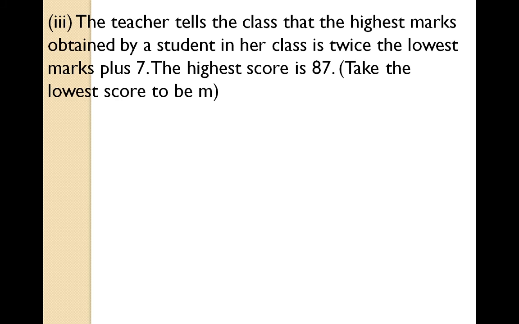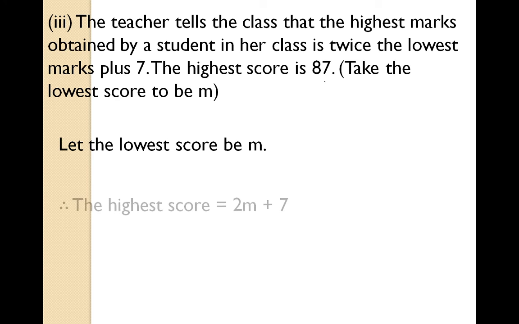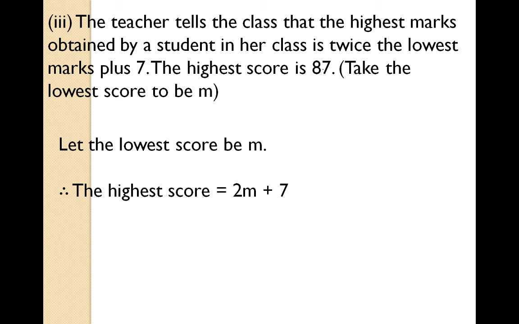The third one. The teacher tells the class that the highest marks obtained by a student in her class is twice the lowest marks plus 7. The highest score is 87. Take the lowest marks to be M. So let the lowest score be M. Okay. The highest score, look at here, obtained by a student in her class, twice, that means 2 multiply the lowest mark.